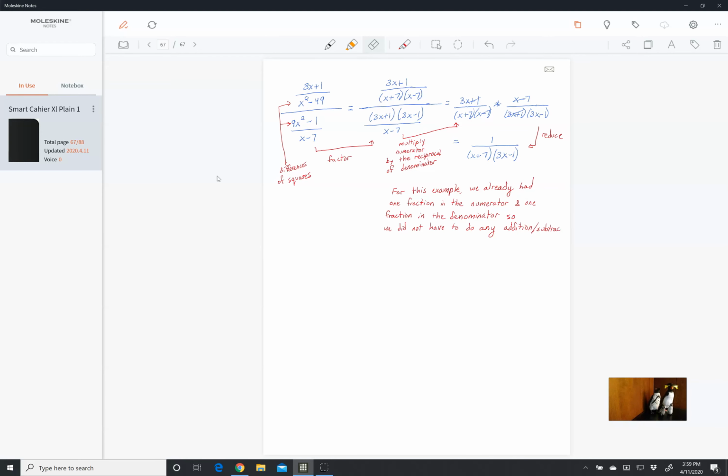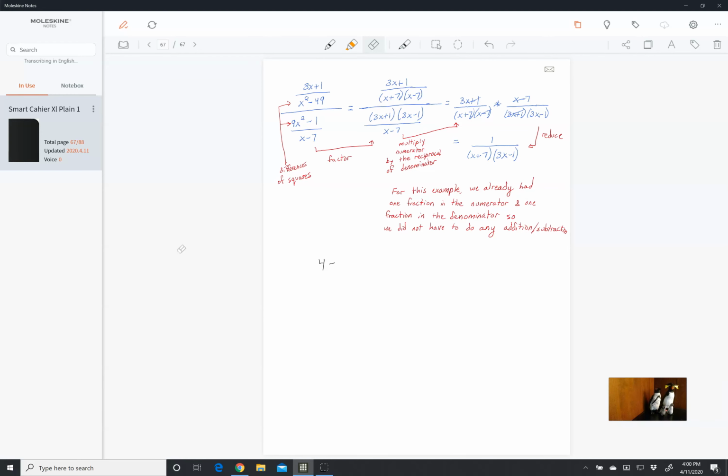Let's take one more example of complex fractions. In this one, it's not any harder. It's just that we're going to put in an extra fraction in there. I'm leaving extra room on the side because I know that we're going to have to find common denominators.